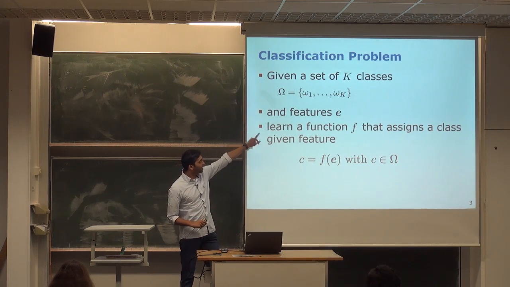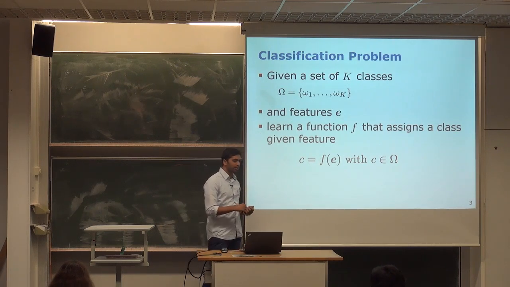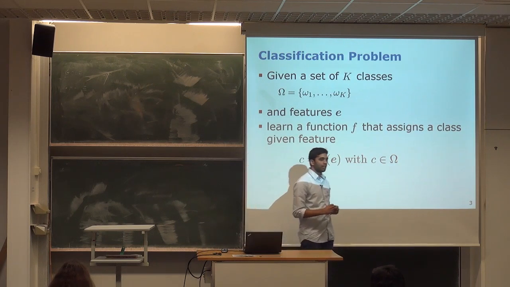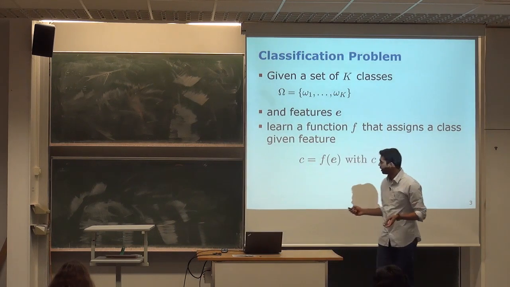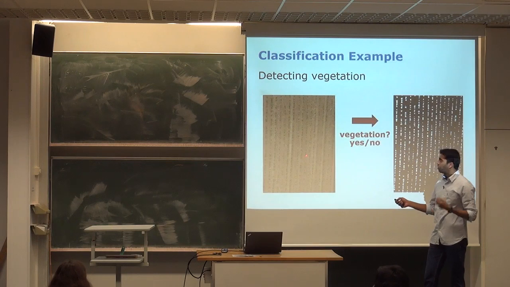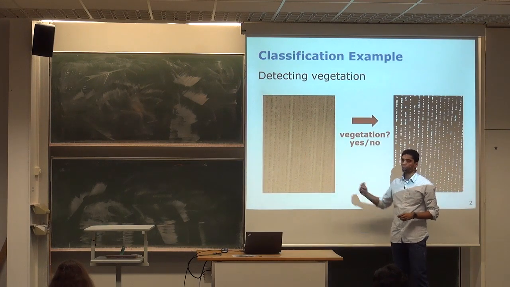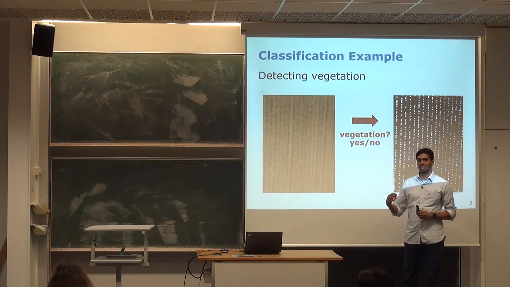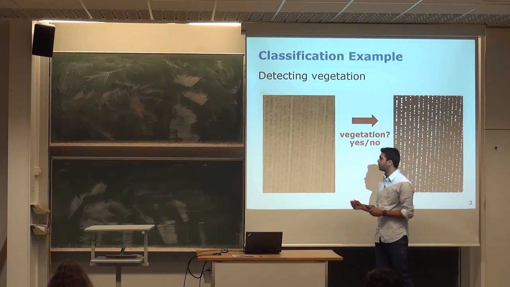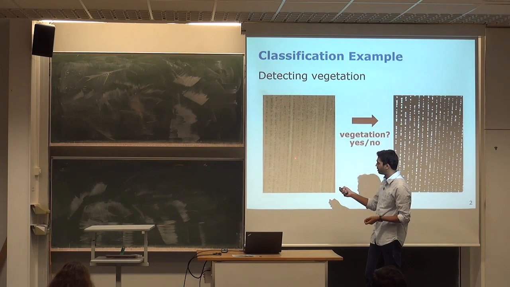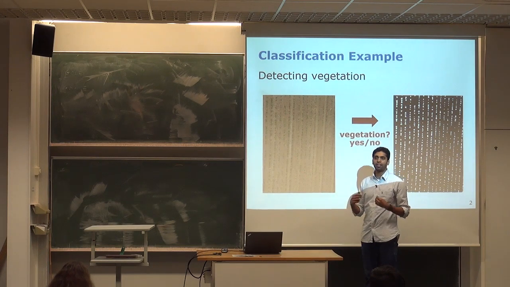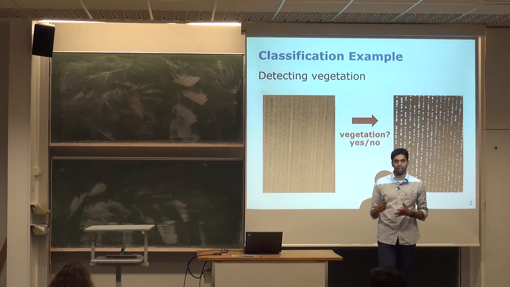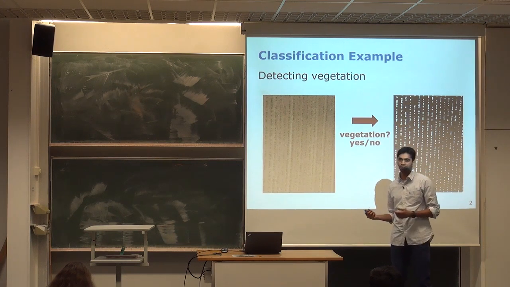Then you have k classes and you have something called features. In the previous example, a feature from this data could be the RGB value of that pixel itself. So the intensity of the pixel could be a feature itself. I could go to any pixel in this image and say that the red, green and blue values of the intensity channel are a feature.